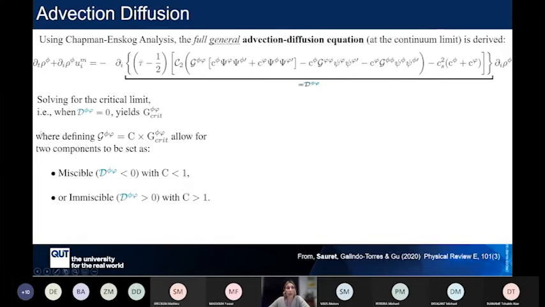This is a big step because it allows us to define different cases in terms of mixtures, where we can define miscible and immiscible cases depending on the diffusion coefficient, by setting up this C constant in the model that we have here.